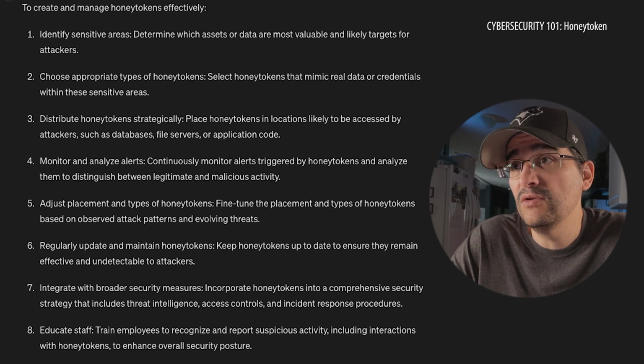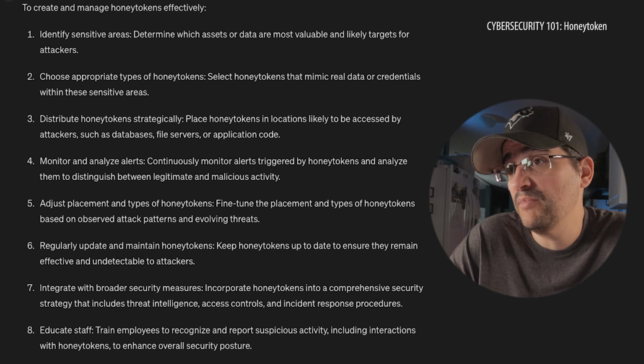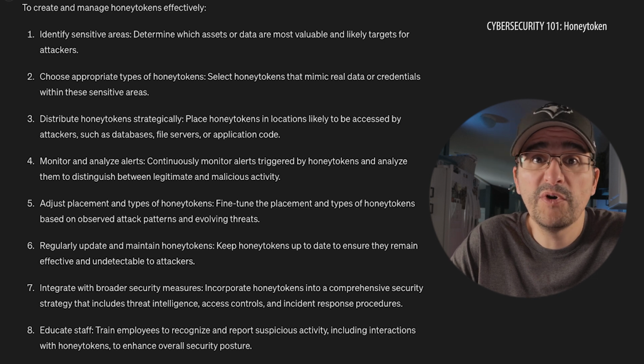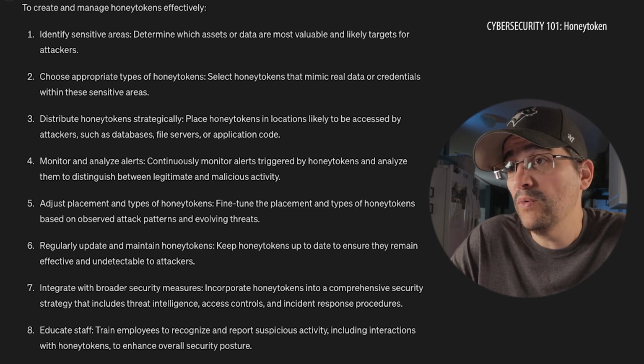So make sure that you have somebody that can actually keep an eye on these things and look into them if something alerts you. Adjust placement and types of Honeytokens. So if you're not getting anything somewhere, move it somewhere else. Regularly update and maintain Honeytokens. Integrate with broader security measures and educate your staff, which is the most important of all of them, I think, is making sure your staff knows how things work.